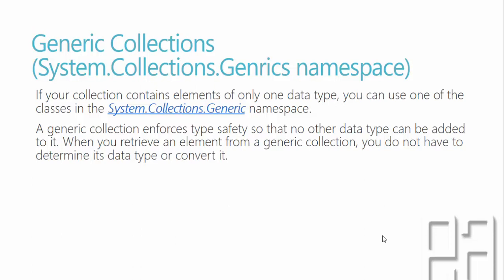A generic collection enforces type safety so that no other data type can be added to it. When you retrieve an element from a generic collection, you do not have to determine its data type or convert it, right? That's the definition of generics itself. You don't really have to do an explicit cast, and that's exactly what is going to happen with the generic collections as well. So there are different types of generic collections available in C#.